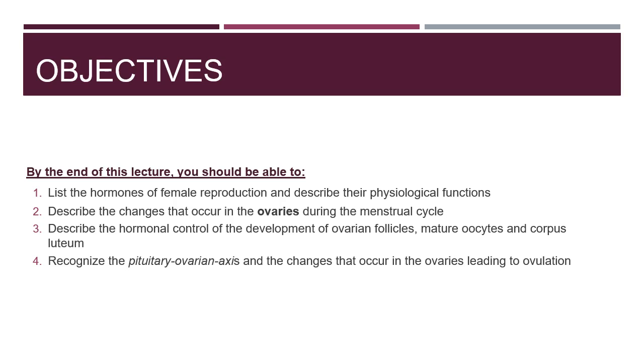Then, describe the hormonal control of the developing ovarian follicles, which contain the ovum, and the stages of the ovulatory cycle. Then, recognize the pituitary ovarian axis and the regulation of the ovarian cycle leading to ovulation.